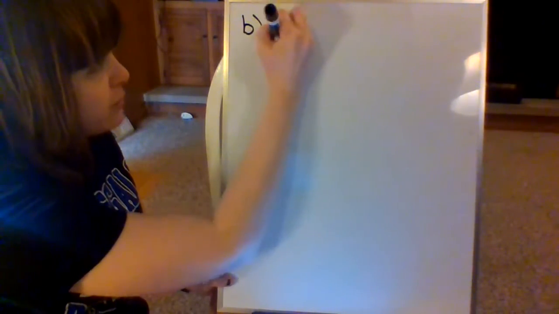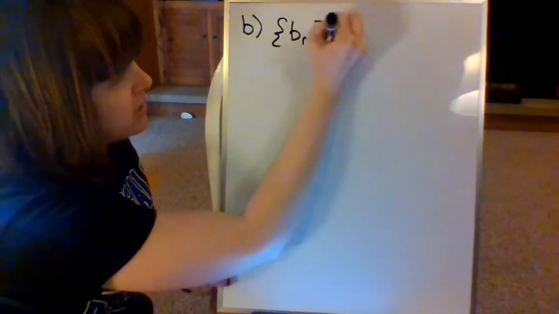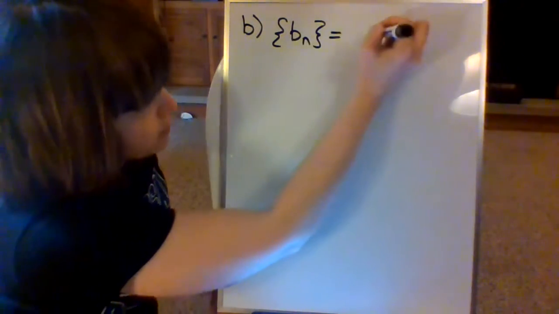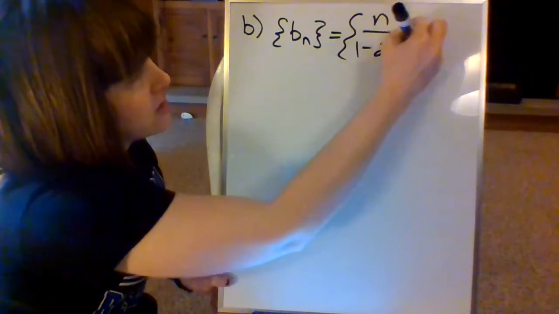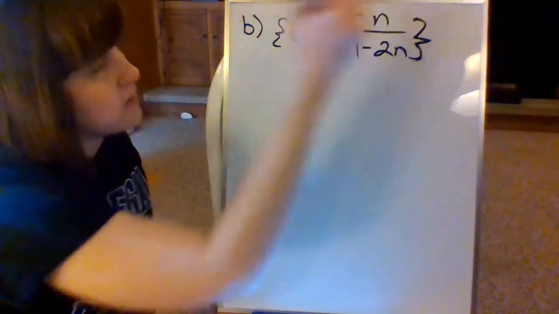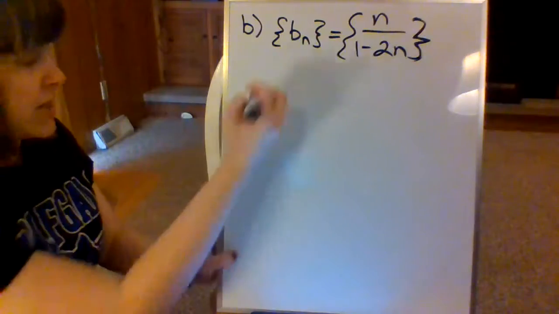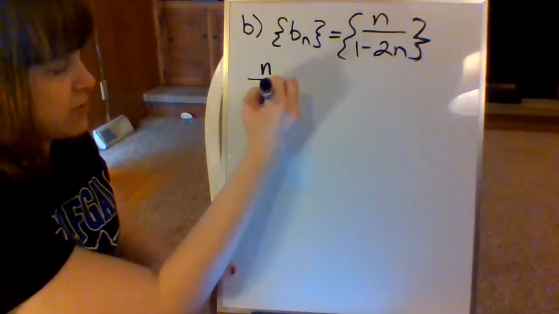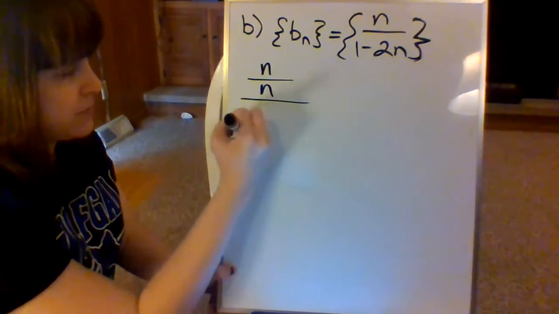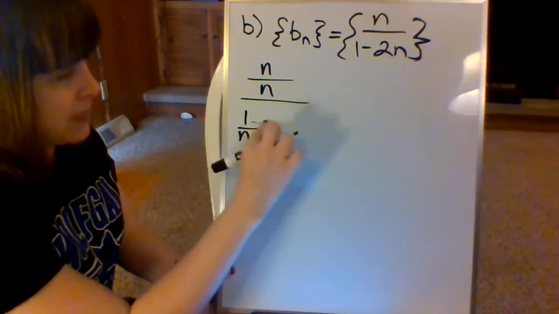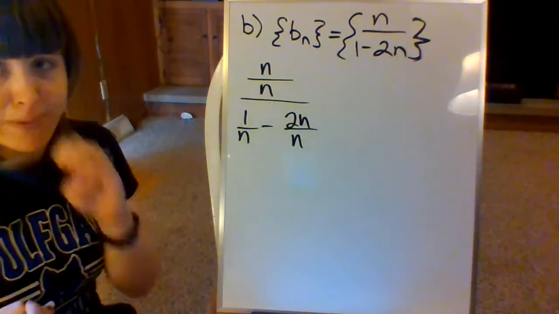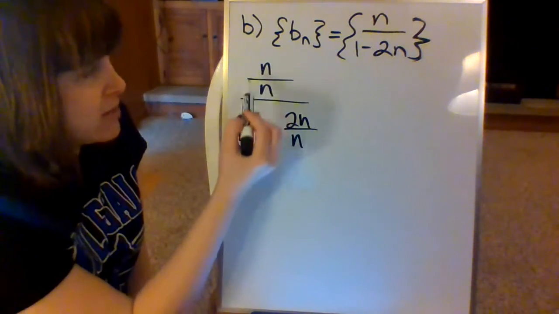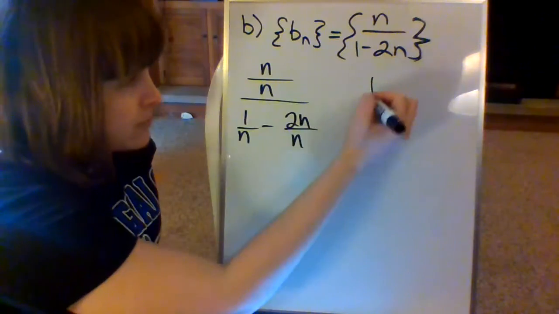Okay? So here we go. Part B, like I wrote before, b sub n equals n over 1 minus 2n. We're going to divide this by the highest power of n, which is n to the first. Let's see what happens with this. So we have n over n, that's going to equal 1.